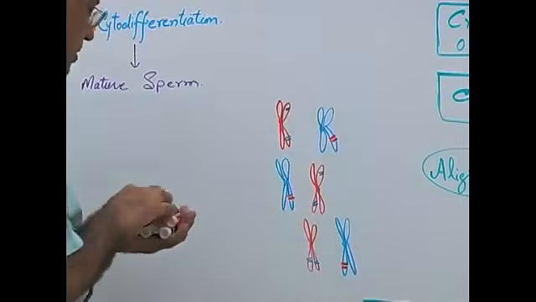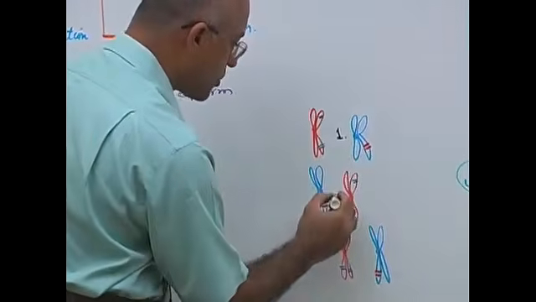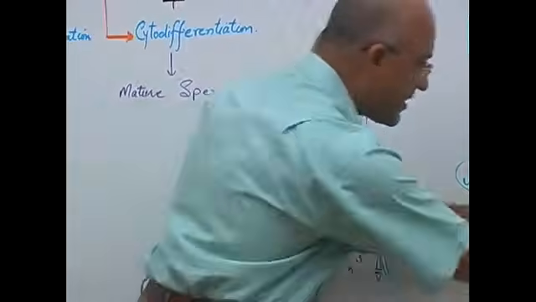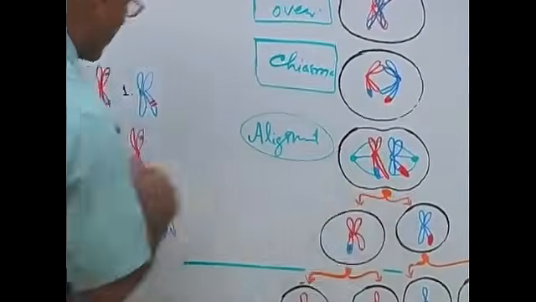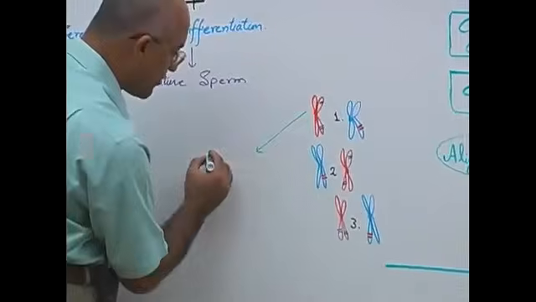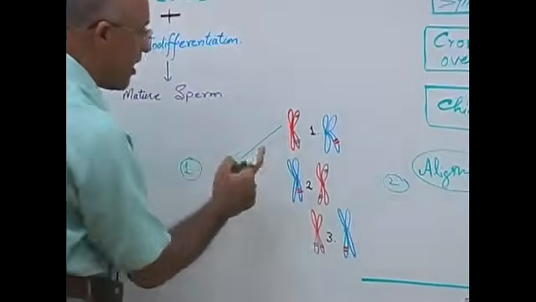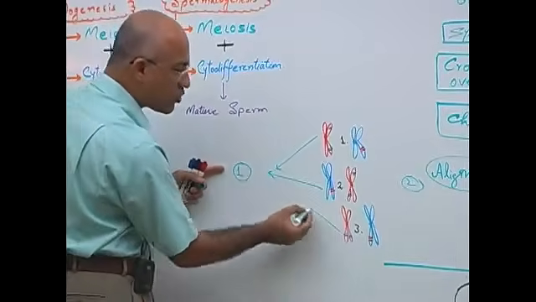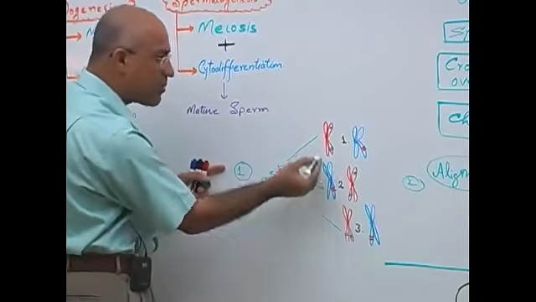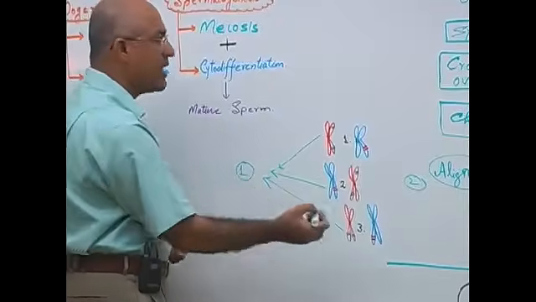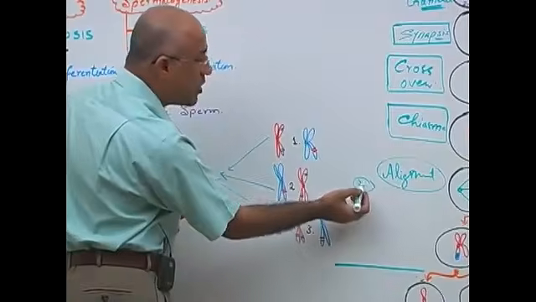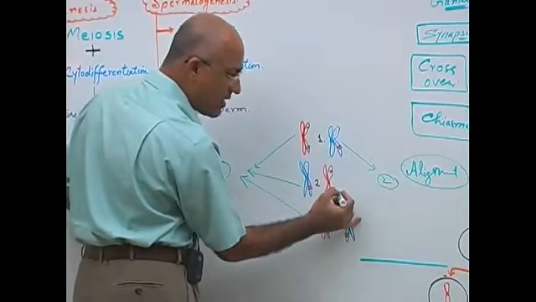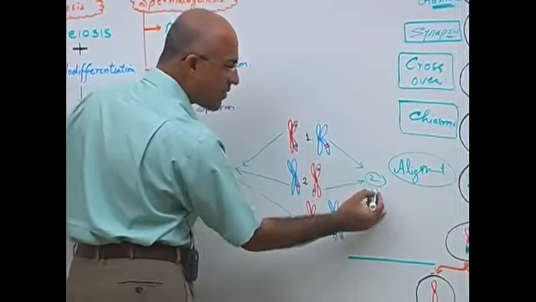For example, this is chromosome number 1 set, this is chromosome number 2, this is chromosome number 3. When they move, there are 23 sets maternal and 23 paternal. But look, for example, this is the first daughter cell and here is the second daughter cell. The first daughter cell may get chromosome number 1 from mother, chromosome number 2 from father, chromosome number 3 from mother. So they are randomly getting maternal or paternal double structured chromosomes. And daughter cell number 2 will get double structured chromosome number 1 from father, number 2 mainly from mother, and number 3 mainly from father.